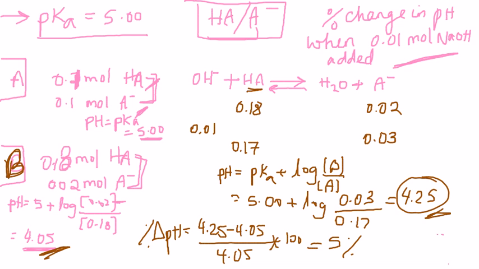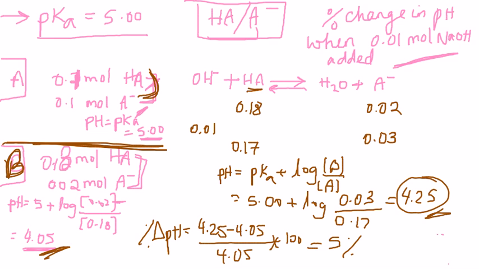So understand that in the case of the second buffer, in which we did not have equimolar amounts of the acid and its conjugate base, it does have buffering action. I'm not saying that it doesn't have buffering action, but it's lesser than what it would be if those were completely equal.